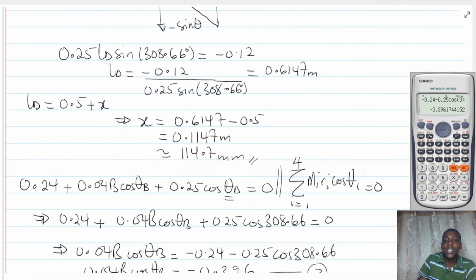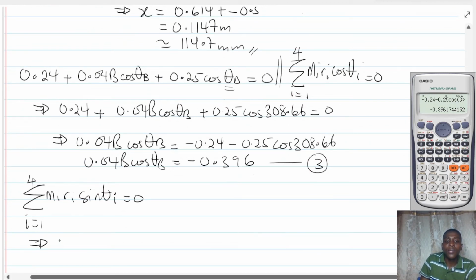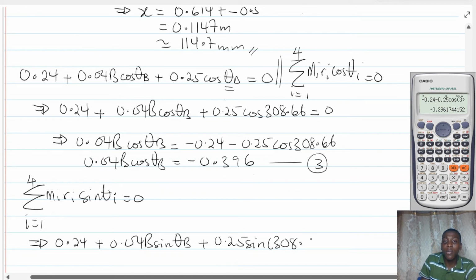So in fact, it's going to be the same thing, just that this time around it is going to be sine, which is 0.24 plus 0.04b sine theta b plus 0.25 sine theta d. But theta d is 308.66. All right, this should be equal to 0.